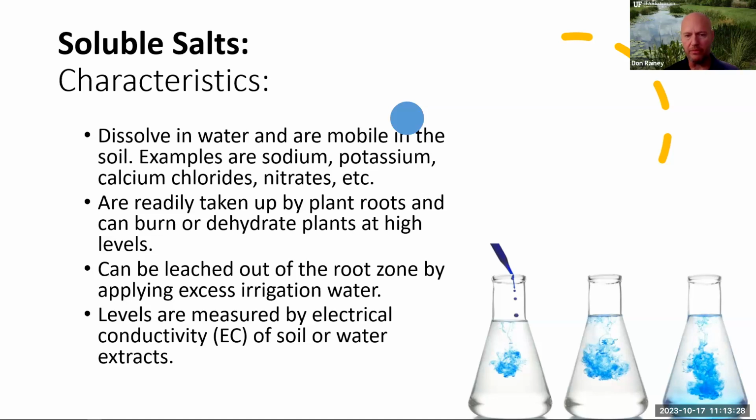Being that they're soluble, they're going to move downward pretty readily. So that's one way we can think about soluble salts. And also, typically they will create a charge as far as conductivity within soil and water, and we refer to that as EC, electrical conductivity, which we'll talk more about.